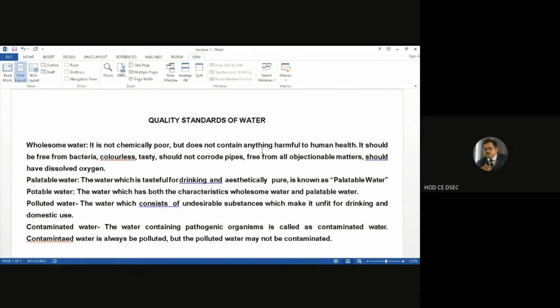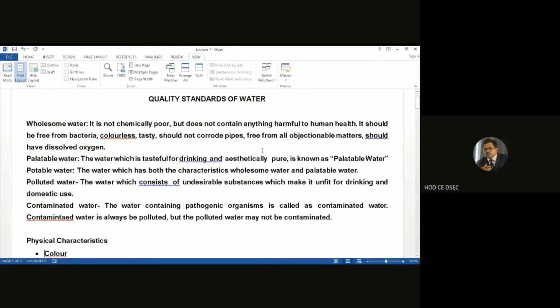Now, what are those? The first is the wholesome water. Let us get acquainted with all the terminologies. What do you mean by the wholesome water? It is not chemically pure, but does not contain anything harmful to human health.